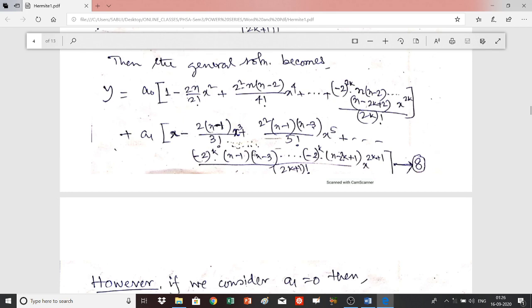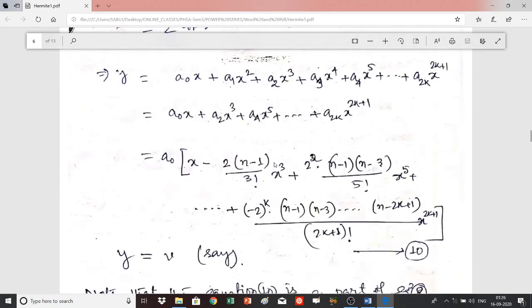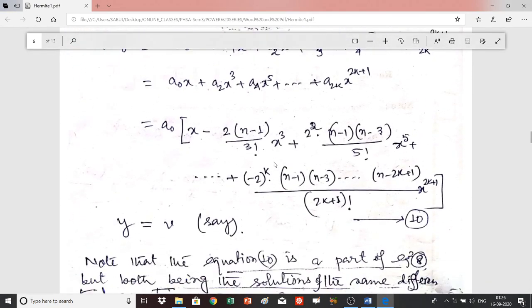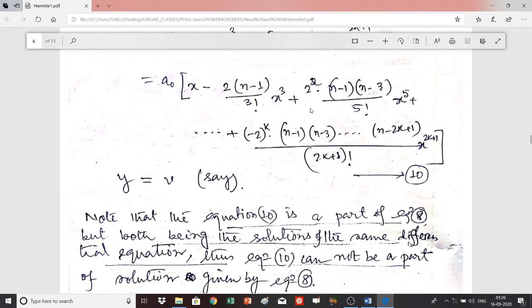And the second term within the bracketed term is nothing but the second solution, that is for m equal to 1, that is this. It can be easily seen.